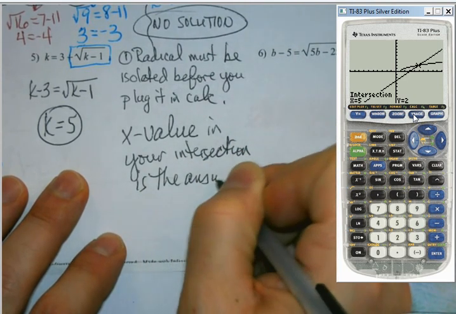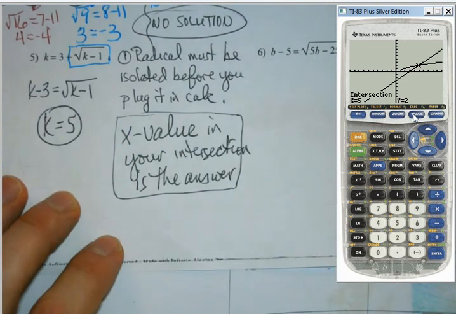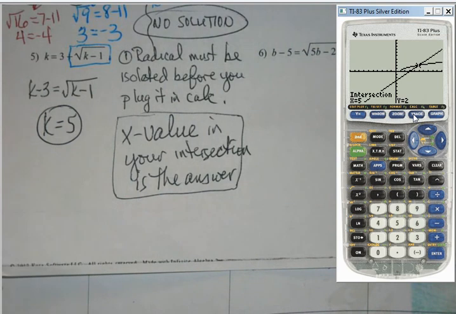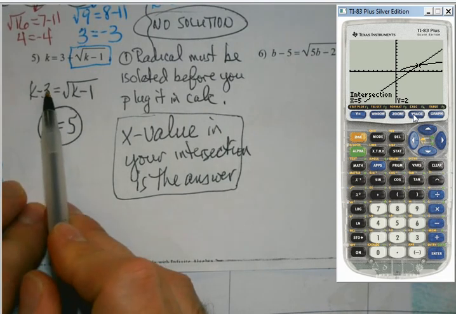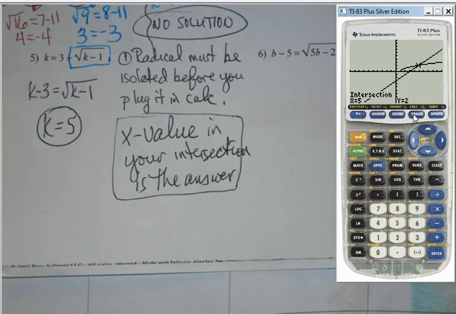Or at least in this case, it's the possible answer. We're going to double check just to be sure, and that's one of the reasons I said getting that radical isolated helps. Because now I can just look and say, okay, 5 minus 3 is 2. 5 minus 1 is 4. Square root of 4 is 2. Okay, that's good. It works.